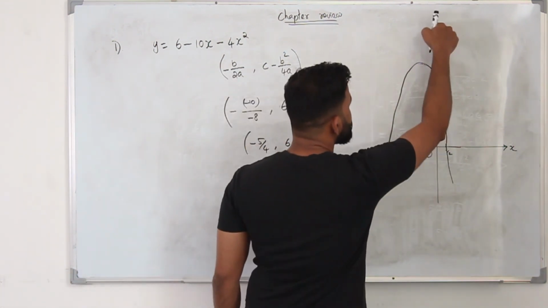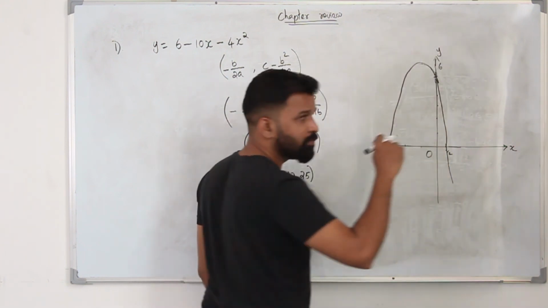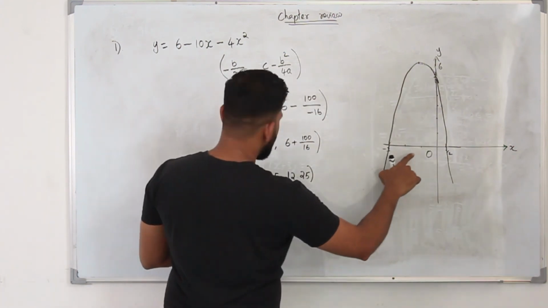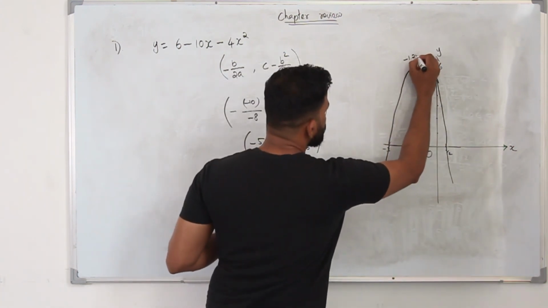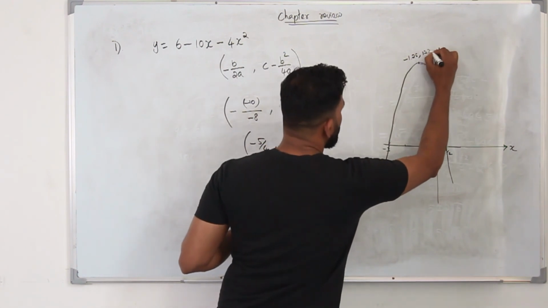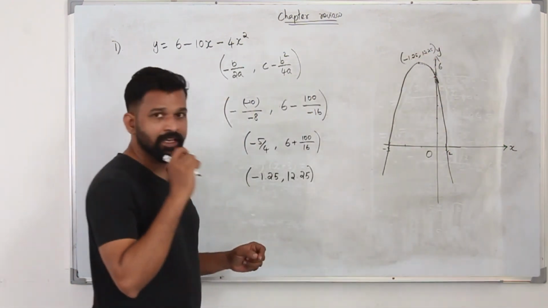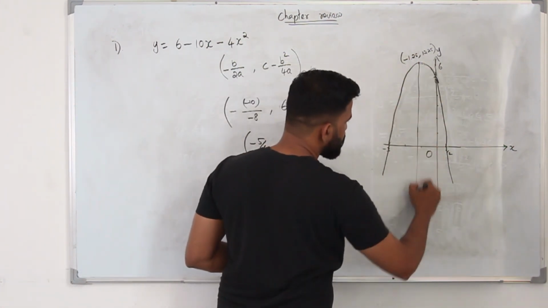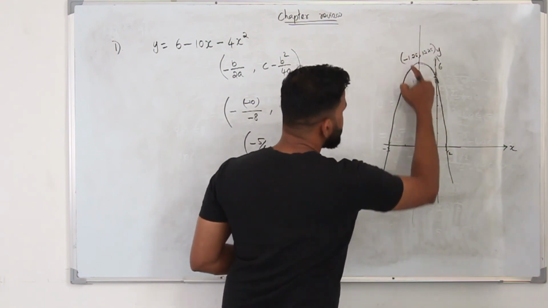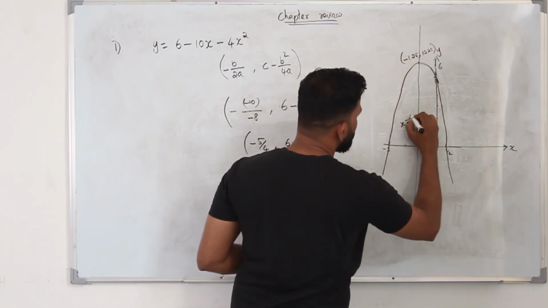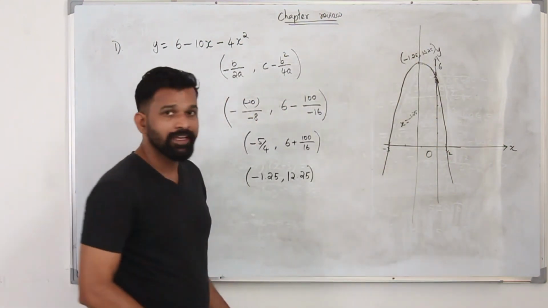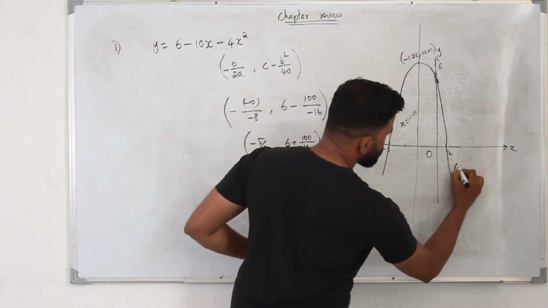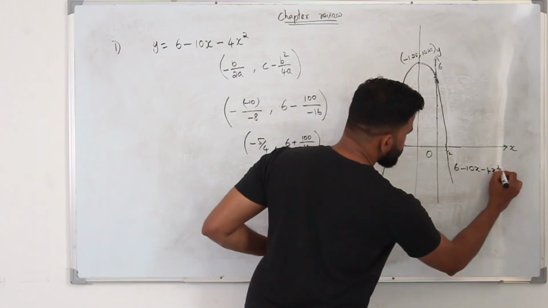Our 6 is here, so 12 is supposed to be somewhere here. So you need to rearrange, but that's okay, as long as you mention the point above 6. This is minus 1.25, comma 12.25, the maximum turning point. And the line of symmetry, take the x coordinate, write it as x equals minus 1.25. That's the equation of the line of symmetry. And label the graph 6 minus 10x minus 4x squared.